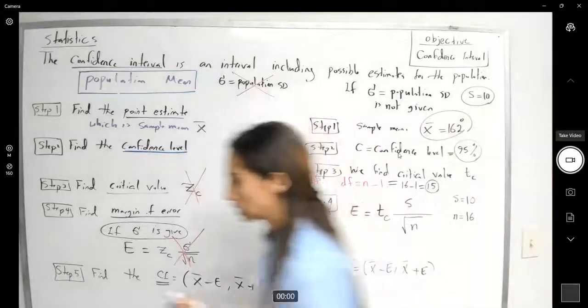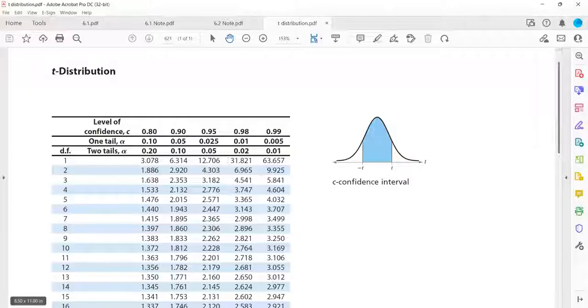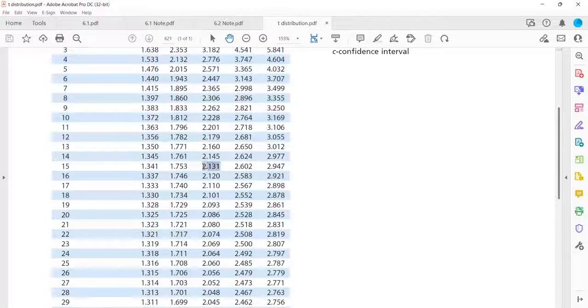So let's take a look at our table. By looking at our table, we can find 15, which is the degrees of freedom, and 95%. The intersection between these two gives us the number 2.131.